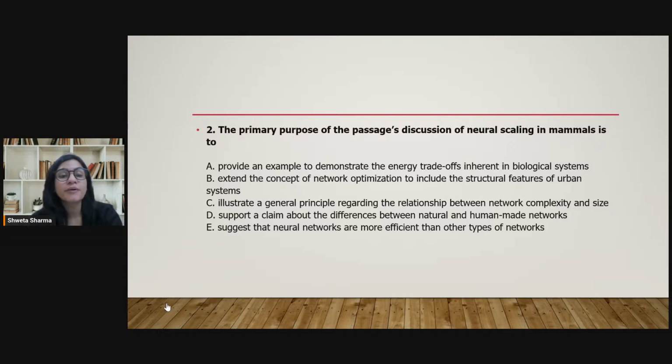What do you think the paragraph is doing? Is it option number B? Is it option number C? Illustrate a general principle regarding the relationship between network complexity and size.